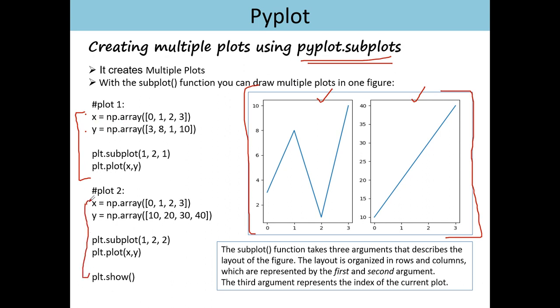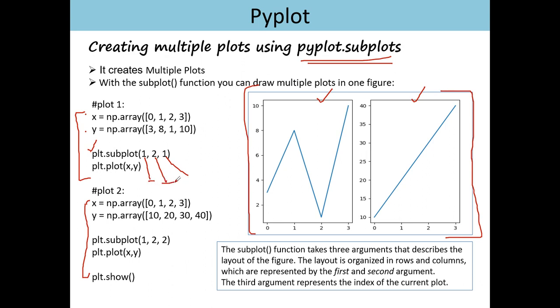I think I took this part from W3Schools. Anyway, this subplot is specifying the first argument, the second argument, and this one.